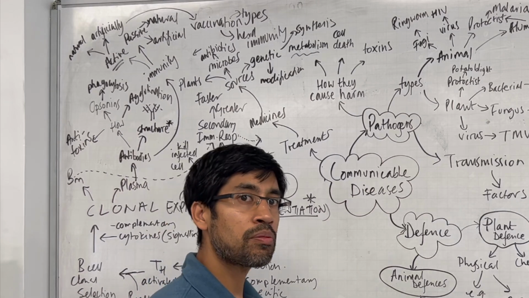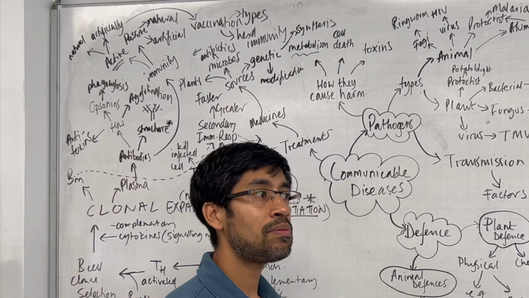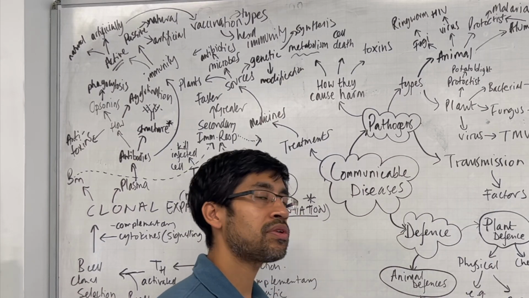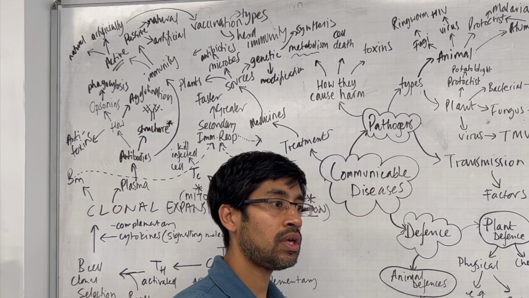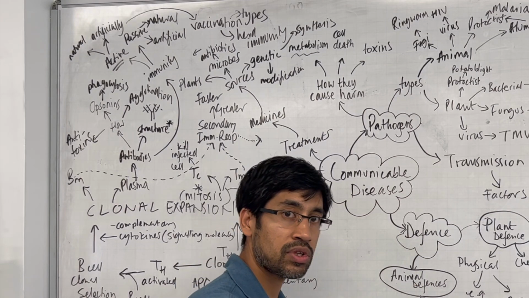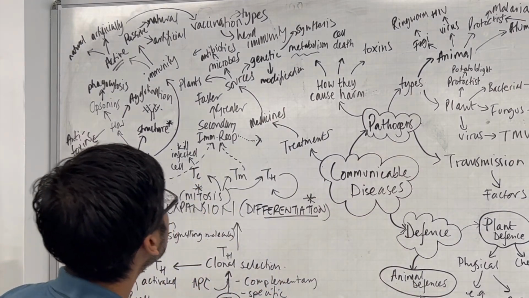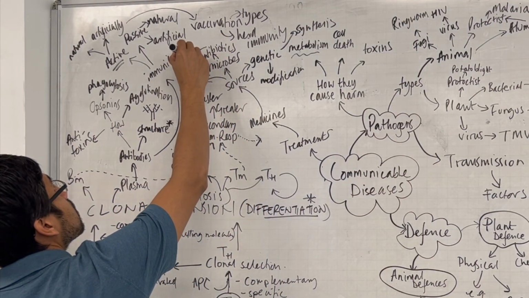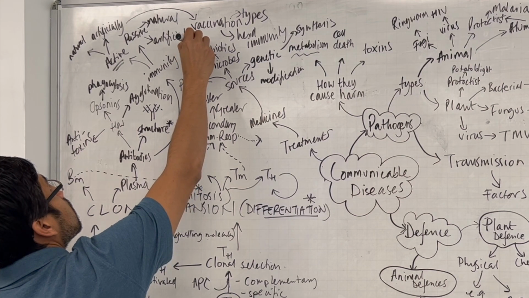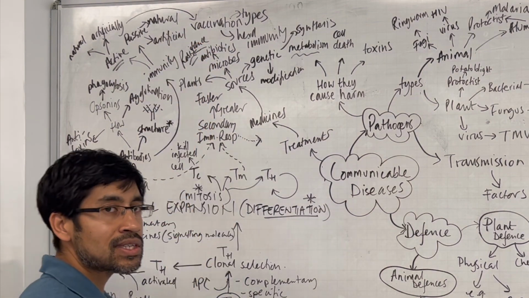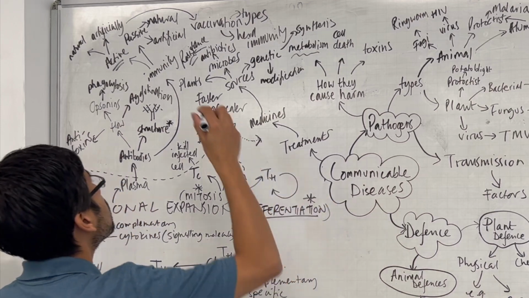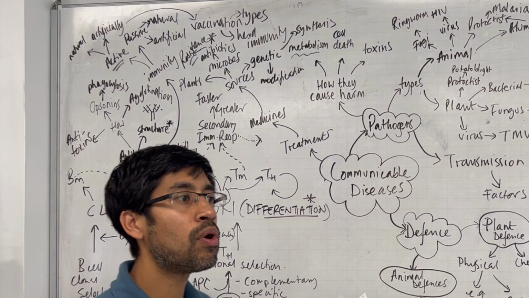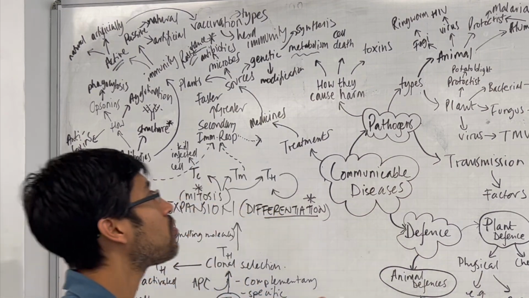Maybe they're not used properly, maybe they're overprescribed, maybe on the other side the infected person is not sticking to the prescription, the dosage, or completing the course, and that can result in antibiotic resistance.